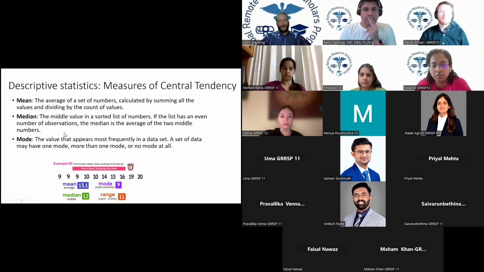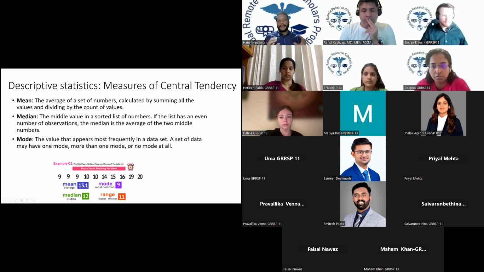The median is a little more complicated. The median is when you organize all your sets of values. For example, if we have hours spent studying per week, we have all of these individuals: individual number 1, 2, 3, 4, and so on.